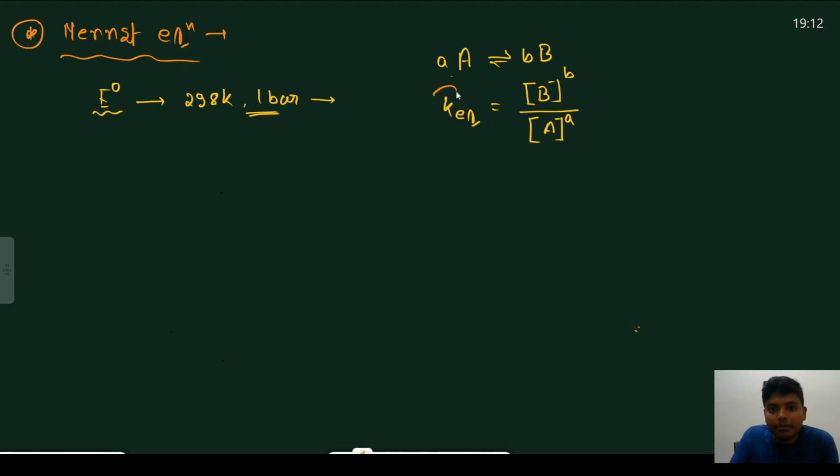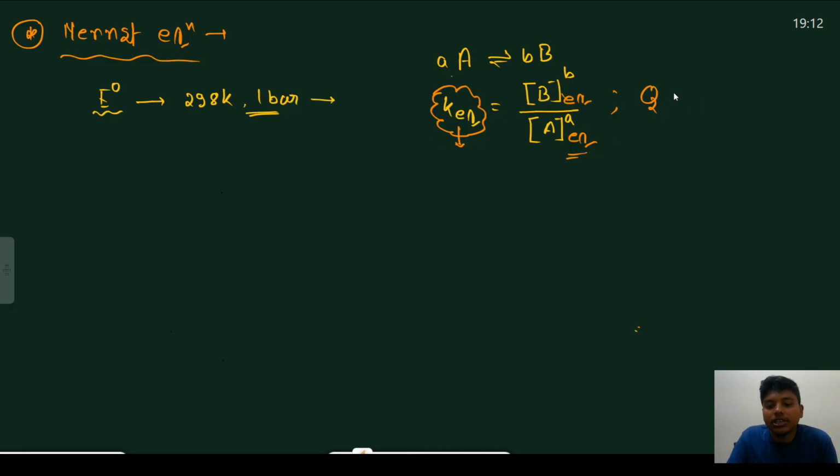Now what do you mean by K equilibrium? K equilibrium is a special case. Remember, K equilibrium means this concentration is whatever is at equilibrium. But actually we need the concentration at any time, and that is called the reaction quotient.